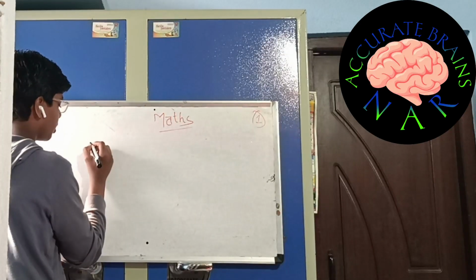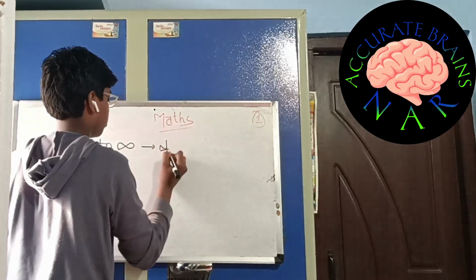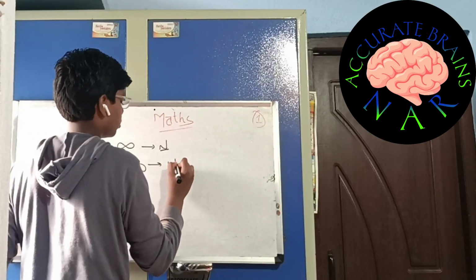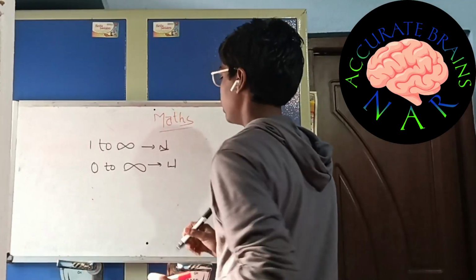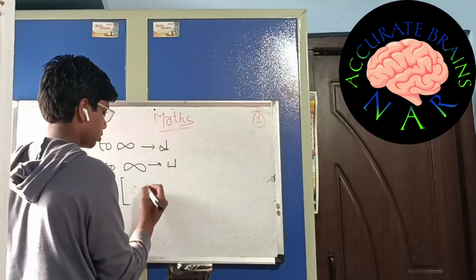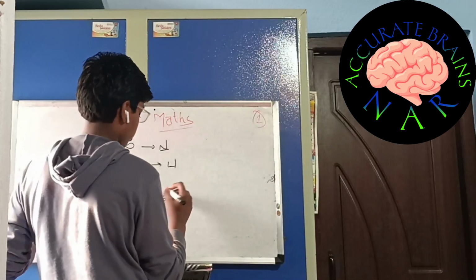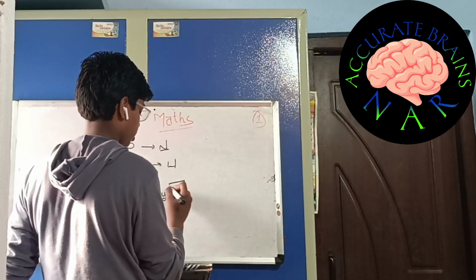Okay, right? So these are natural numbers. 1 to infinity are natural numbers and 0 to infinity are whole numbers, right? So we know this. Here is a property, so you can note it down. Every natural number, N is denoted for natural numbers.